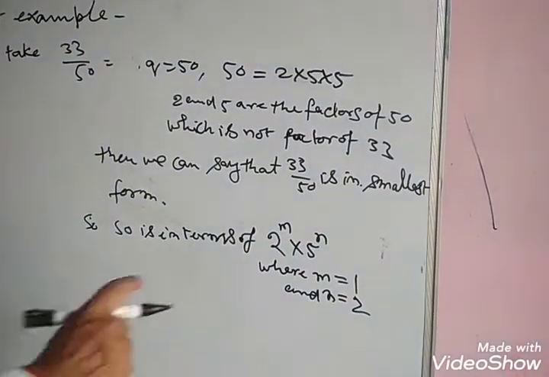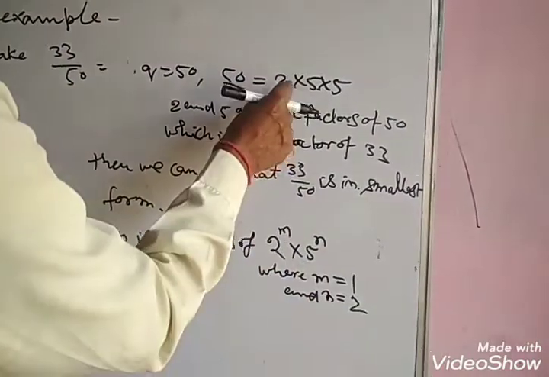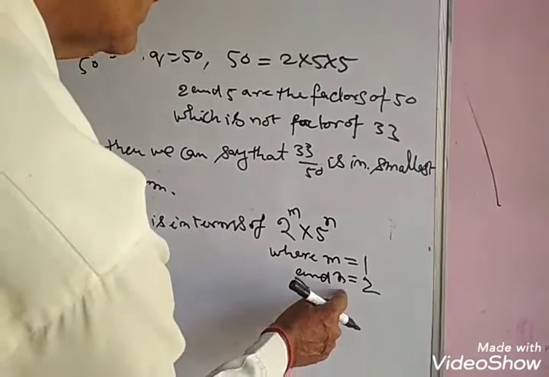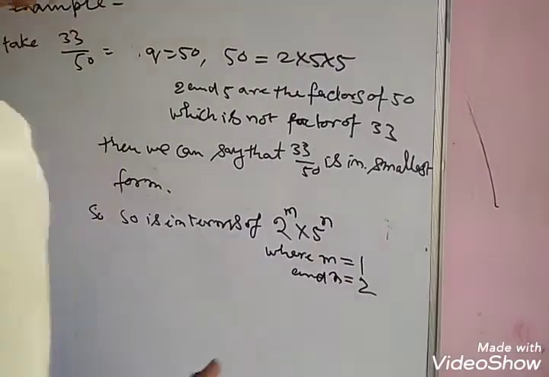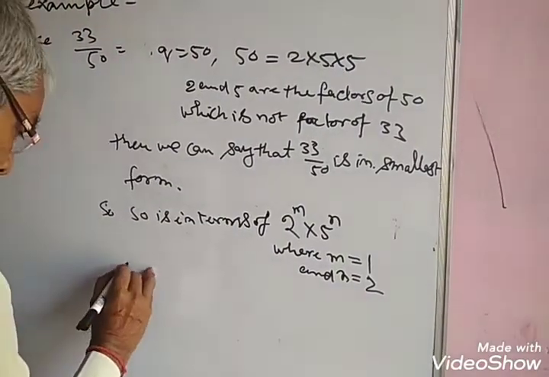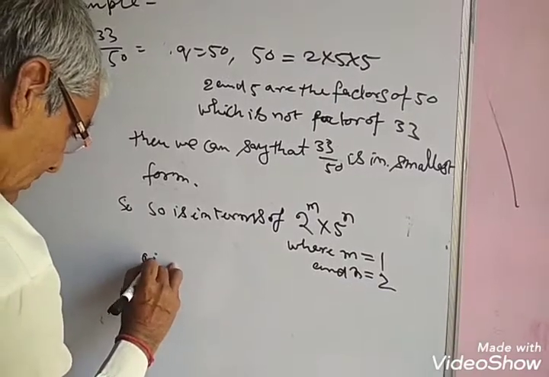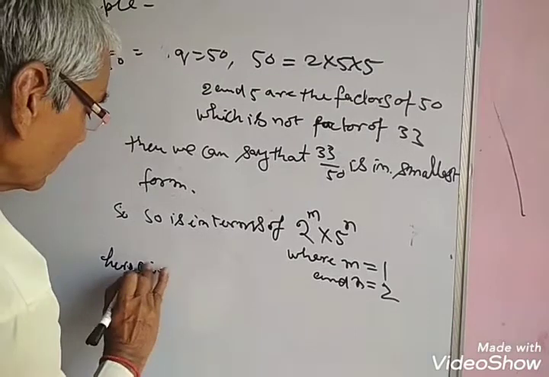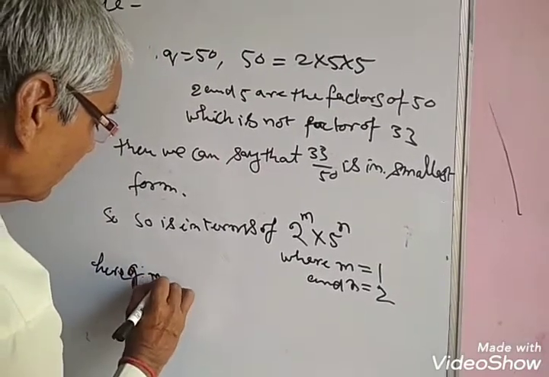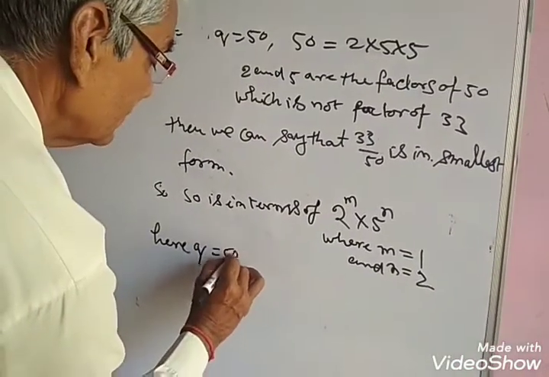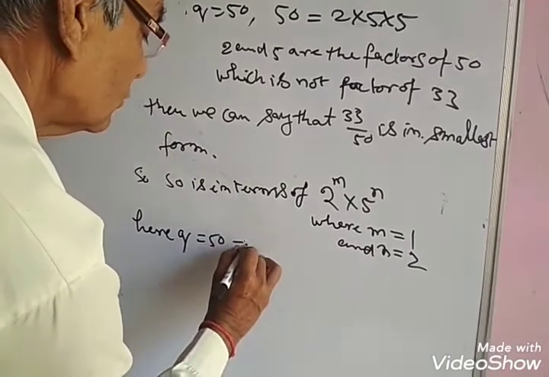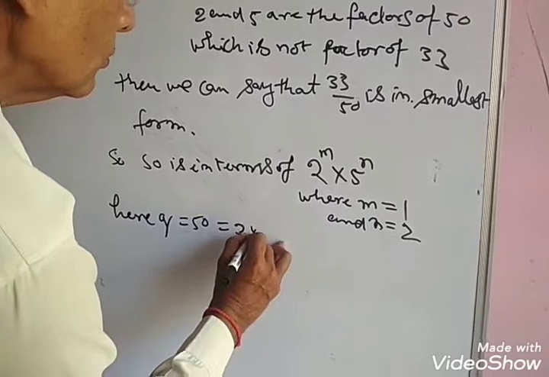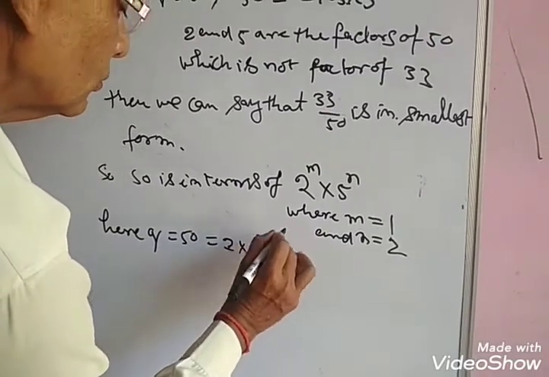Here q, meaning 50, is equal to 2 into 5 to the power 2.